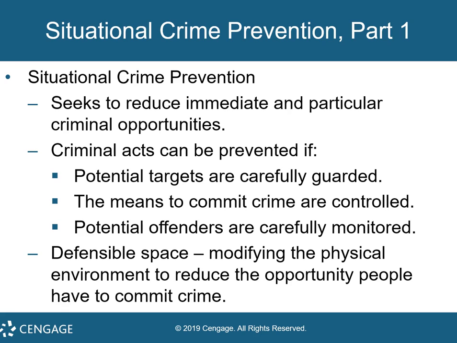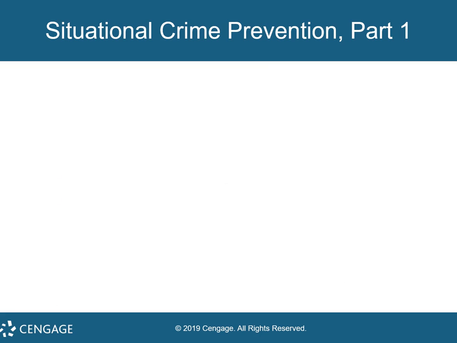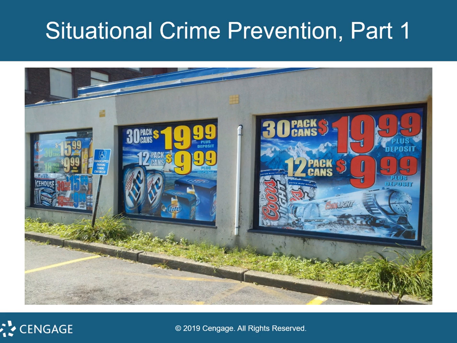So these are different strategies, and there's a phrase in there called defensible space, and I want to give you the definition. This is where you modify the physical environment to reduce the opportunity to have people commit crime.